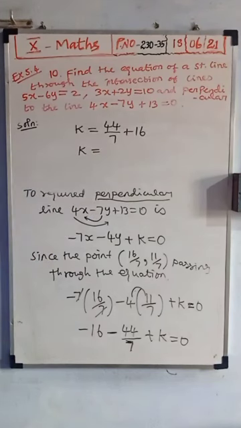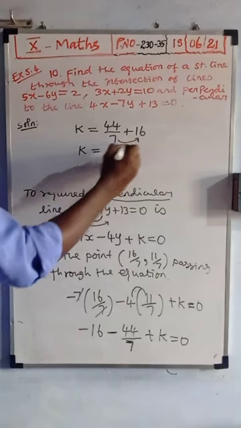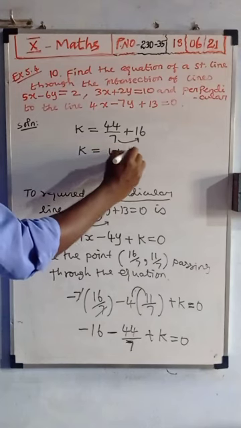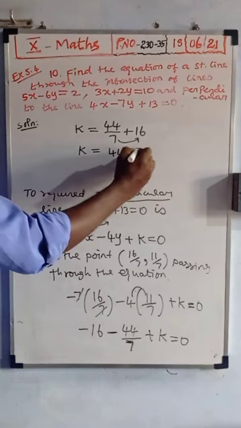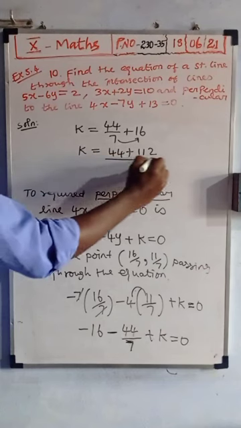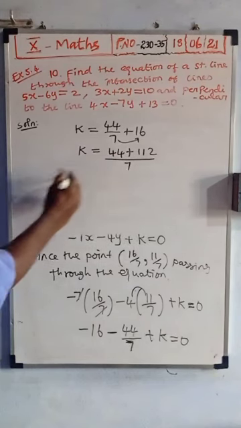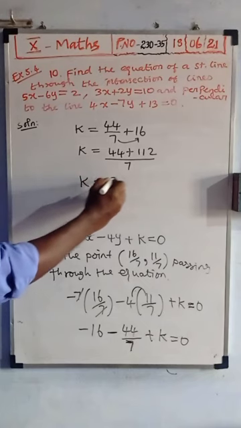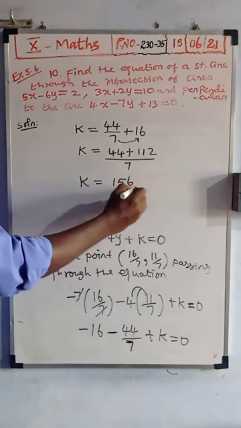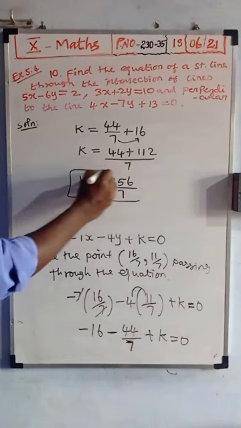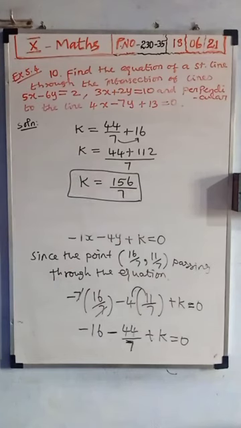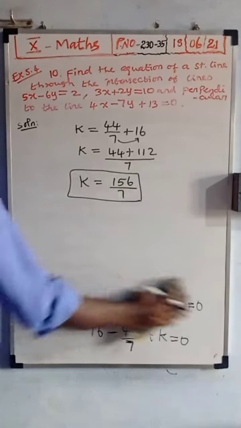Taking 7 as the LCM, 44 plus 7 into 16, which is 112, whole divided by 7. Now add these two: k is equal to 156 divided by 7. We cannot cancel the 7. This is the value of k.